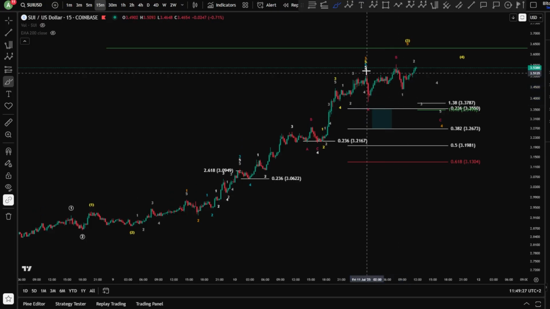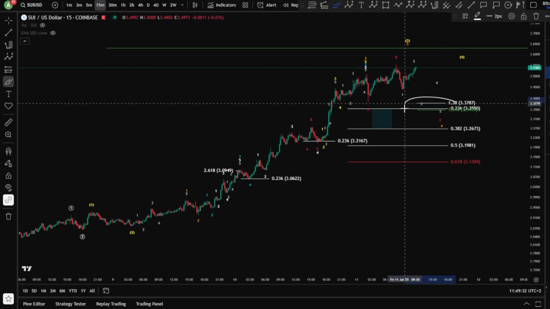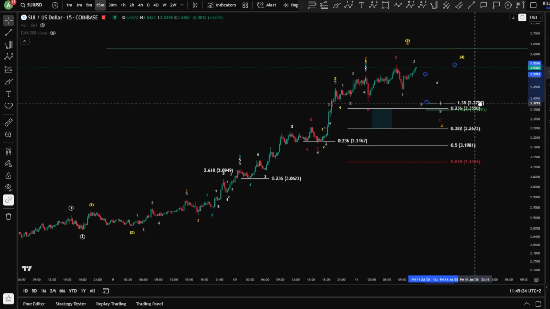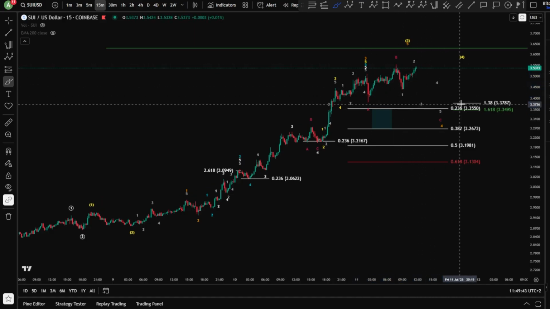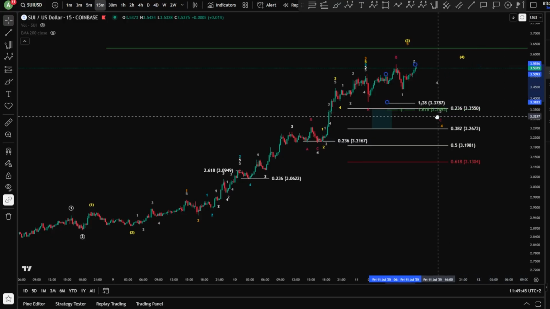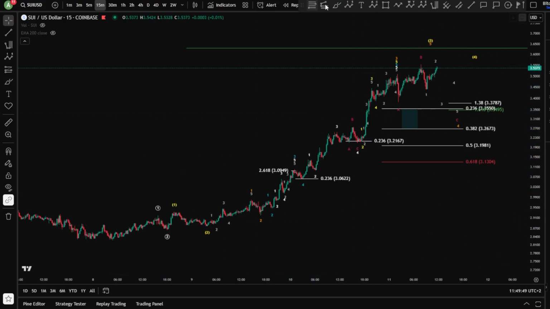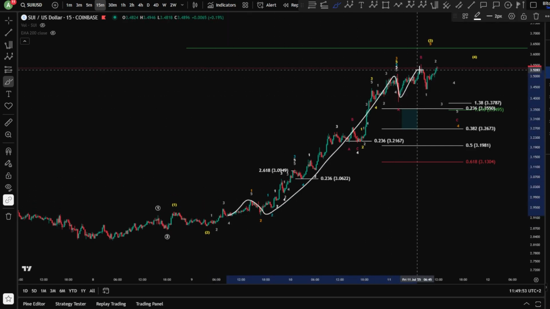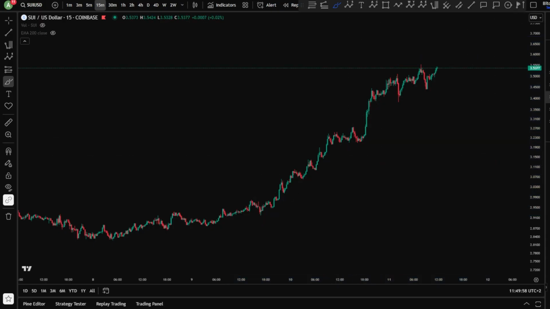I see a correction as an A, B, and a C potentially to unfold toward the downside here, hitting the 1.38, 1.6118 as an expanding flat taken from this A, B, and you're looking for a wave C toward the downside, hitting also in confluence 0.23, because currently you are in a wave 4 in this orange scenario, where we are in a 1, 2, wave 3, wave 4 to unfold, and then 5 toward the upside. So a little bit crowded for the micro.